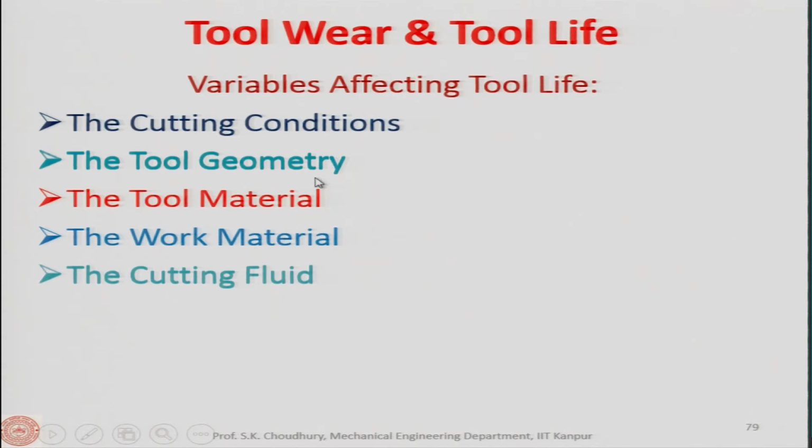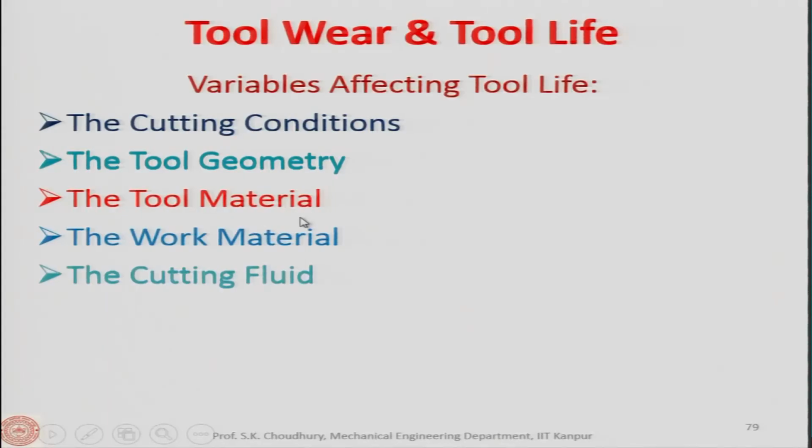Each one of them, that is the rake angle, flank angle and the cutting edge angle along with the nose radius, they affect the tool life. Okay. That we will discuss. Tool material, okay. Depending on the tool material that is being used, the tool life will be affected by the choice of the tool material.